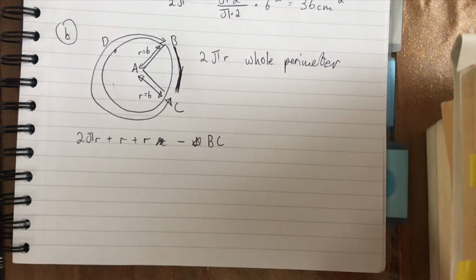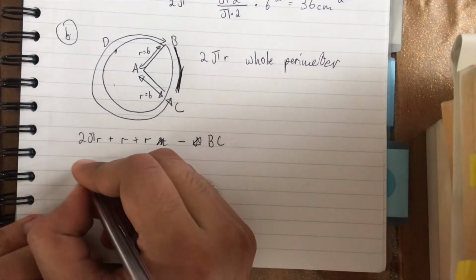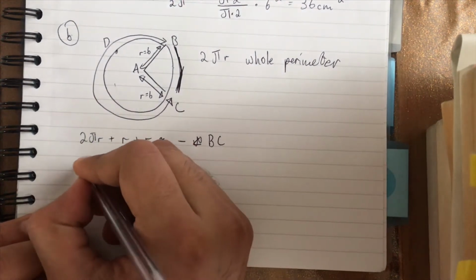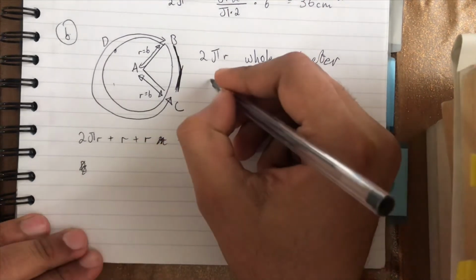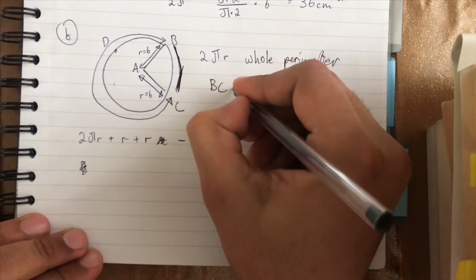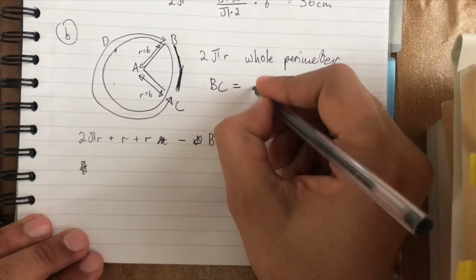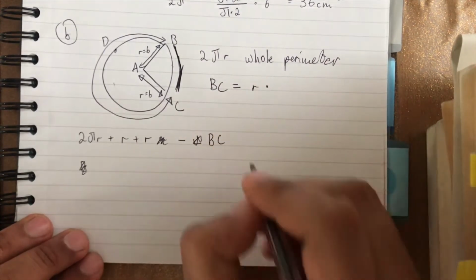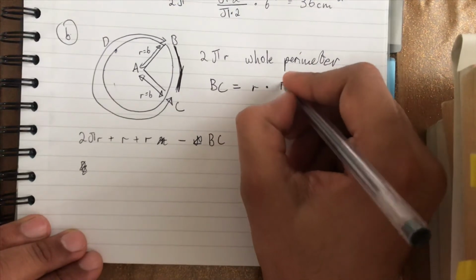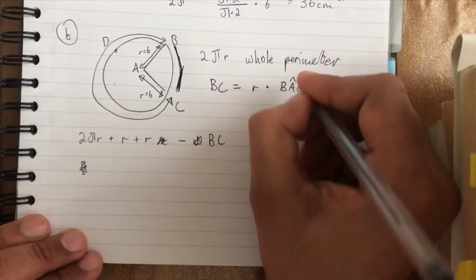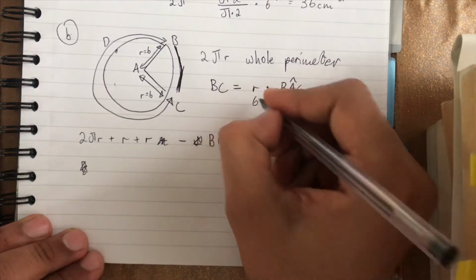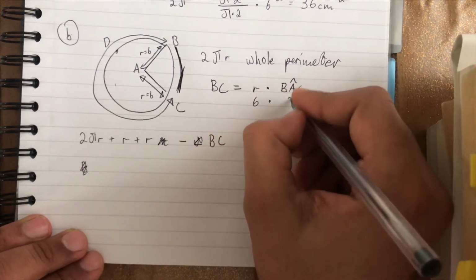So we know that 2 pi represents the whole circle, and 6 is the radius. So therefore, just BC is, instead of 2 pi, which is for the whole circle, we're just going to use the radians of our arc, which is 6 times 2.